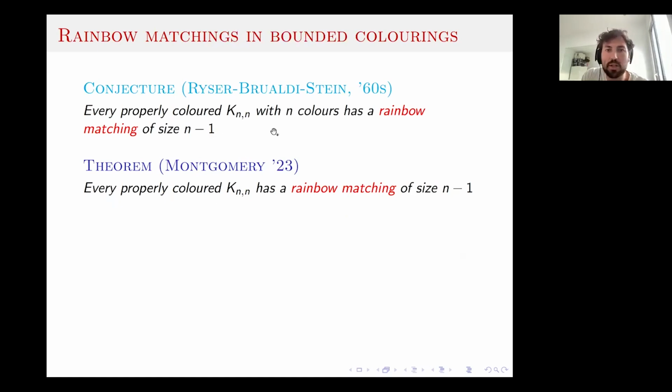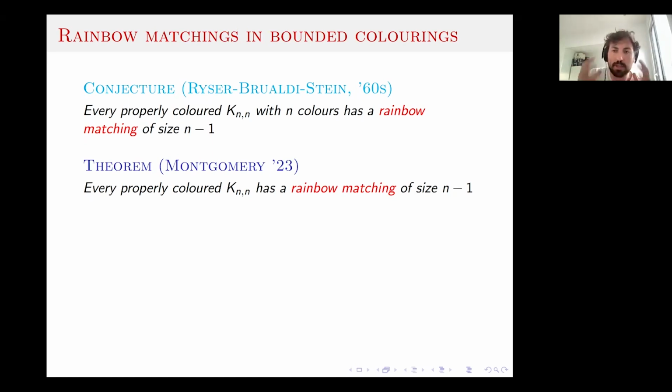So in the conjecture, when you think about Latin squares, you're looking at proper colorings with exactly n colors. But actually what Montgomery proved, and what researchers already in the 60s believed, was that this is not necessary. And in fact, just any properly colored complete bipartite graph should have a large rainbow matching.